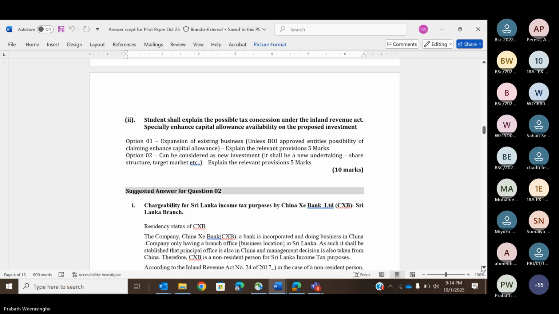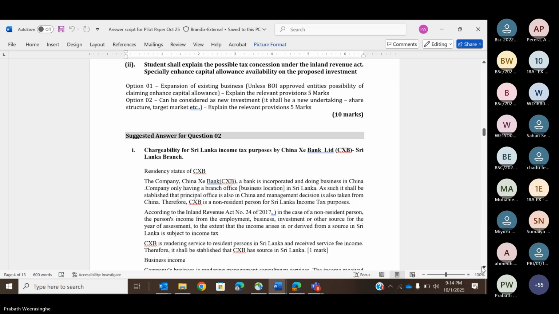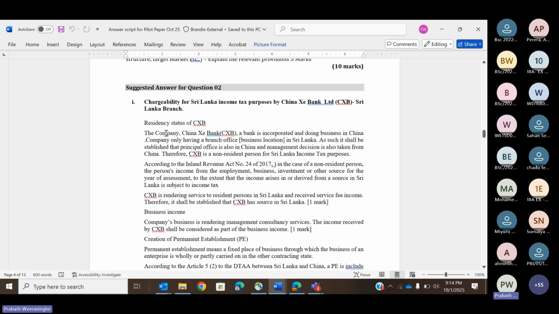Residential status of that bank: this company is incorporated outside Sri Lanka, doing business outside Sri Lanka. Therefore, it is a non-resident person for Sri Lanka tax. That is the basic understanding. I'm happy if you just mention that this is incorporated outside Sri Lanka, and as per the Inland Revenue law, it is a non-resident person for Sri Lanka tax.